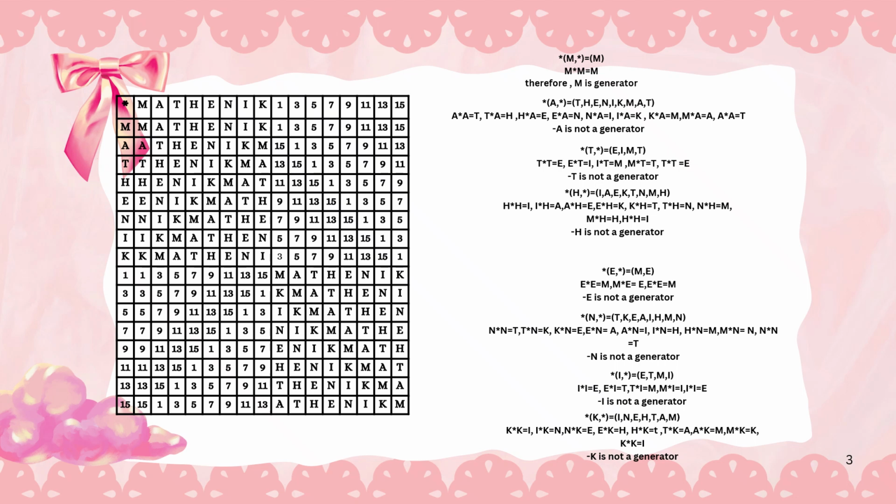H operates H is equal to I. Then I operates H is equal to A. Then A operates H is equal to E. Then E operates H is equal to K. Then K operates H is equal to T. Then T operates H is equal to N. Then N operates H is equal to M. Then M operates H is equal to H. Then H operates H is equal to I. As you can see, the resulting elements do not generate all the elements on the table. Therefore, it is not a generator.